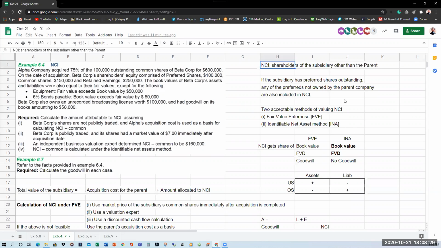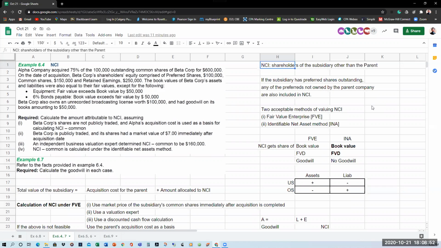So NCI, the definition of non-controlling interest is they are shareholders of the subsidiary company other than the parent, right? So the parent company has control. The other shareholders who do not have control are called non-controlling interest, NCI.